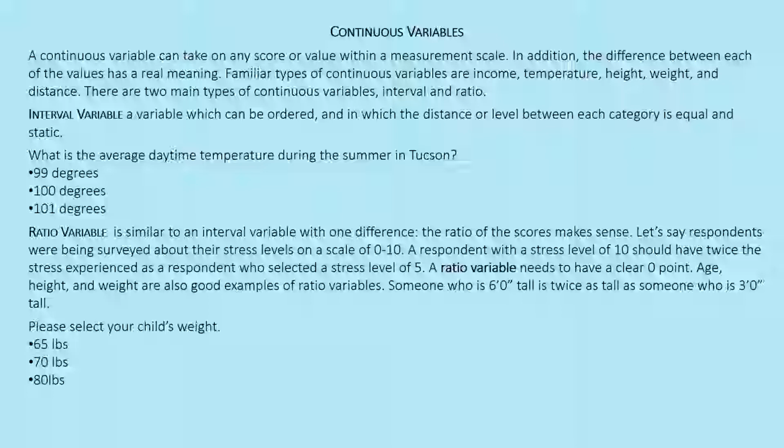Let's say somebody is given a stress level score of 0 to 10, and they say their stress is 10, and another person says their stress is 5. We know that the stress level of 10 is twice as much as the stress level of 5. As with age, height, and weight, there's a good example of these ratio variables and how they respond to each other, again, giving meaning and balance between the two.